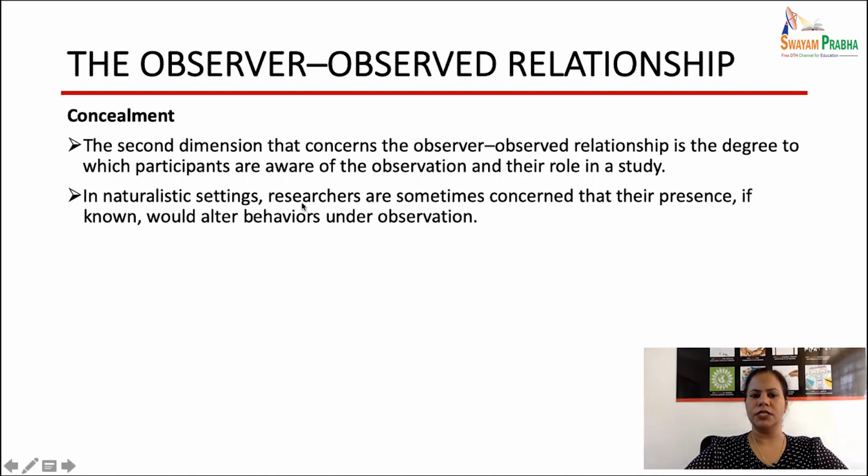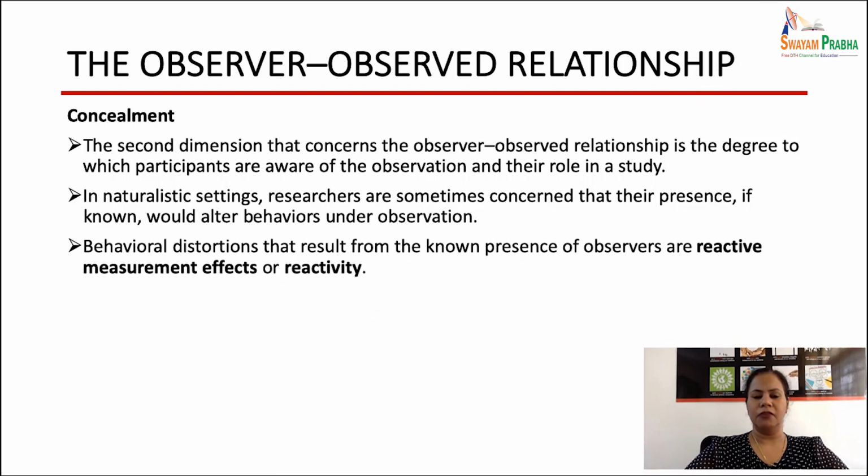In a naturalistic setting, researchers are sometimes concerned that their presence, if known, would alter the behavior under observation. If the persons you are observing know that they are part of the research, they may alter their behavior. So you may have to think of alternatives where you can conceal, so that they are not aware that they are part of a research study.